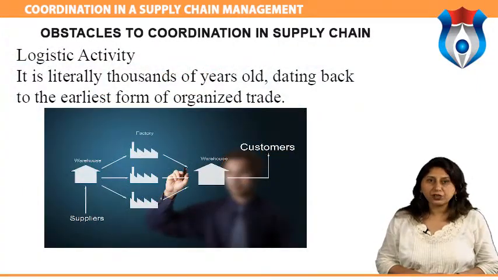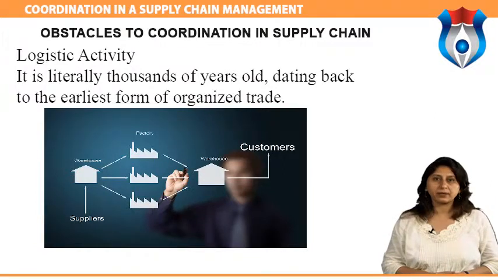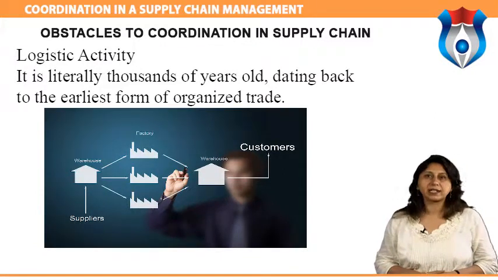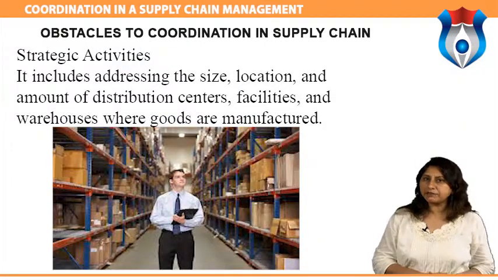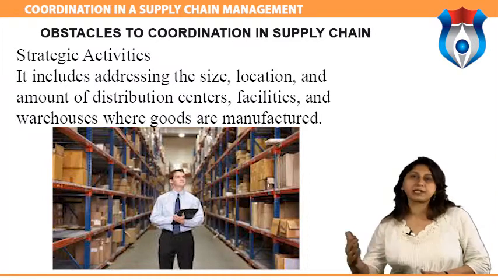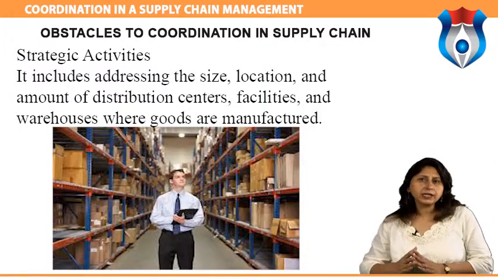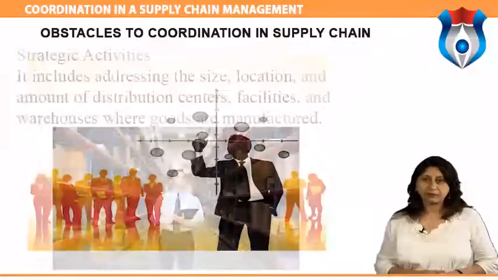Local optimization within functions or stages of a supply chain. Sales force incentives. Information processing obstacles. When demand information is distorted as it moves between different stages of the supply chain, this leads to increased variability in orders within the supply chain.